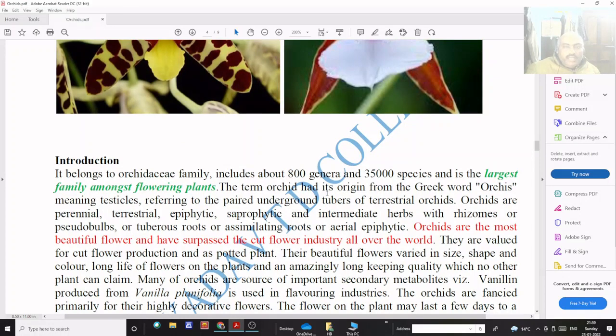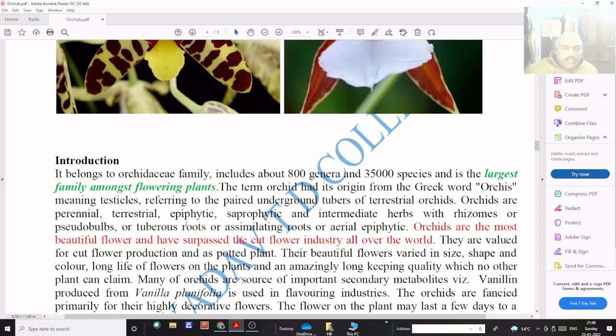As I mentioned earlier, orchids belong to the family Orchidaceae, which is the largest family among flowering plants. The term orchid is derived from a Greek word orchis, meaning testicles, referring to the paired underground tubers of terrestrial orchids.